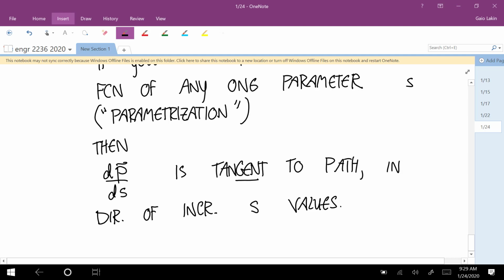Okay, so whether it's X or Y or whatever the independent variable is, if you take the derivative of both components with respect to that parameter, the vector that comes out is tangent to the path in the direction of increasing whatever that value is. Yes?